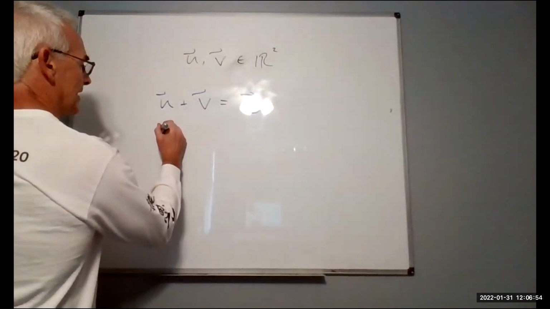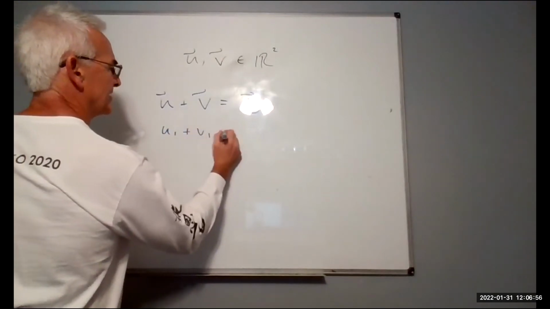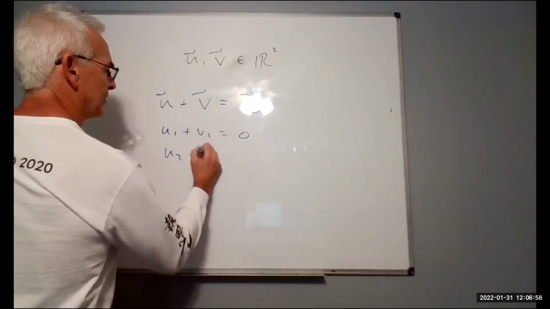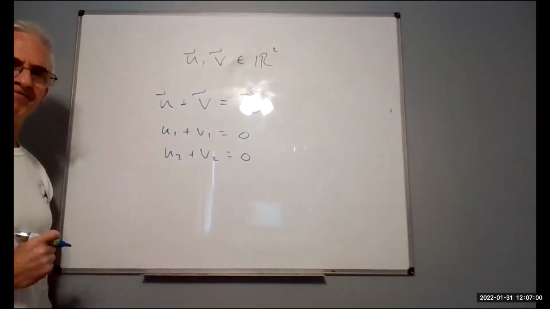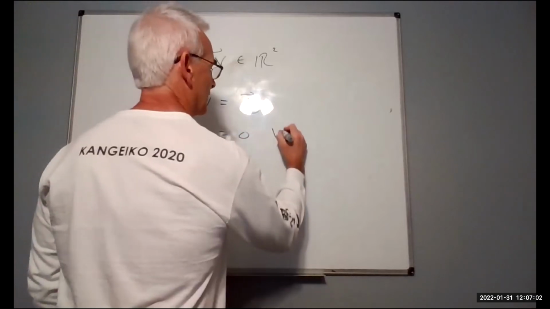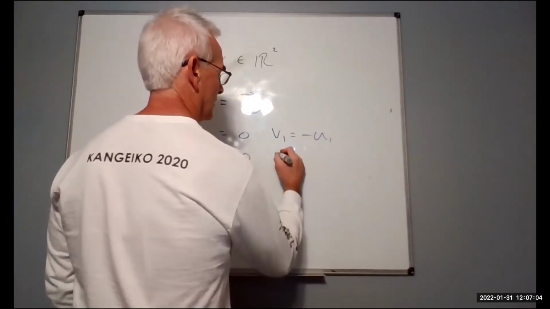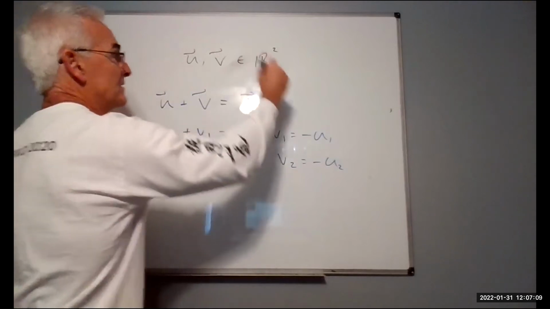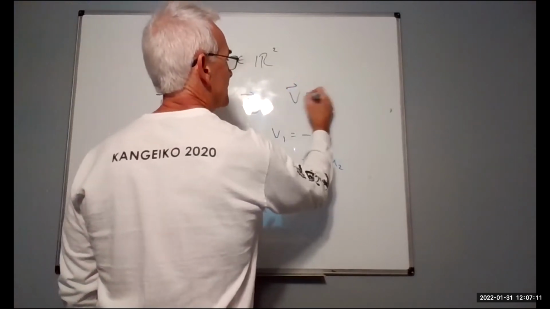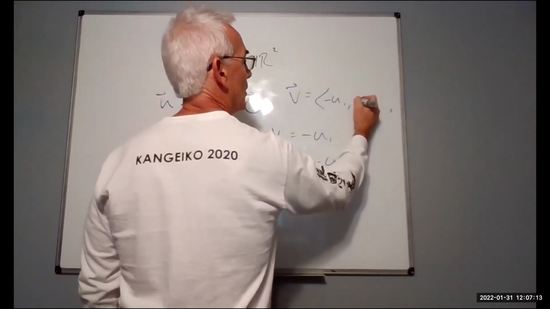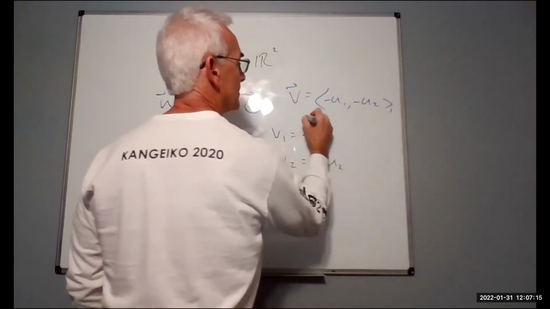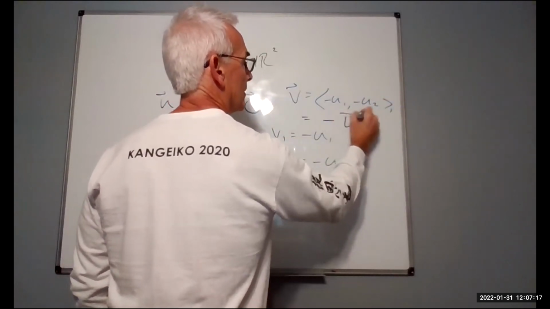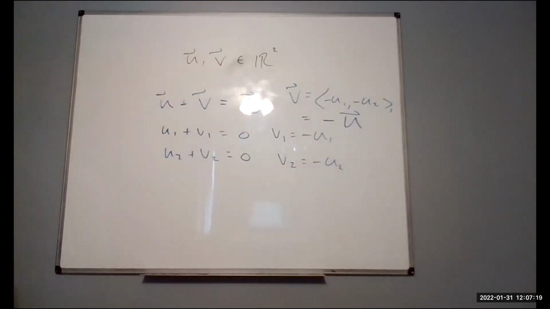Well, that would mean, again, that u1 plus v1 is 0, and that u2 plus v2 is 0. But that can only be true if v1 equals the negative of u1, and v2 is the negative of u2. So that means in this context, my v must be negative u1 comma negative u2, or simply the negative of vector u.